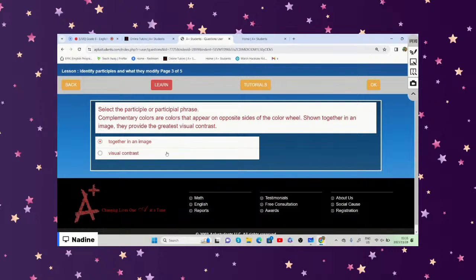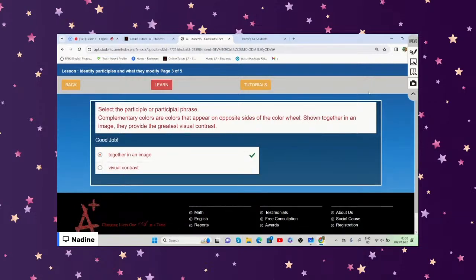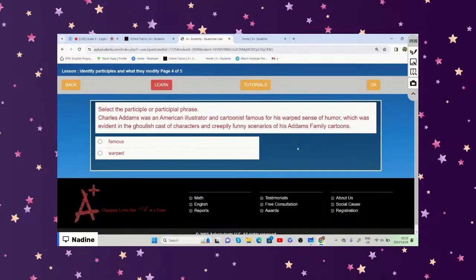Because there we have the irregular verb, which is shown, right, with our participle, which is together in an image, or shown together in an image. So the first one is correct. Well done.